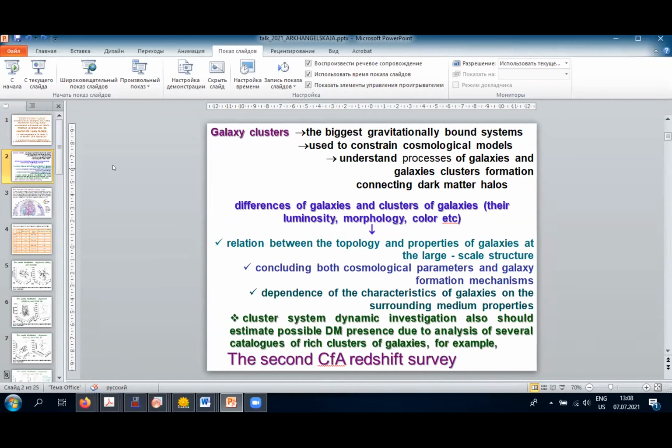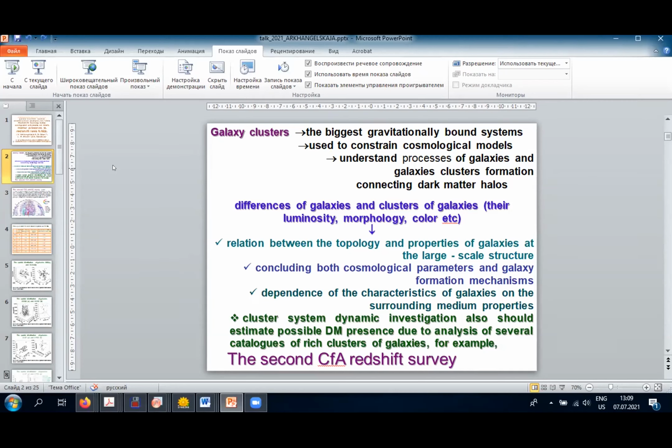So, the differences of galaxies were identified by their luminosity, morphology, color, and so on. Investigation of such properties allows studying the relation between the topology and properties of galaxies at large-scale structure.